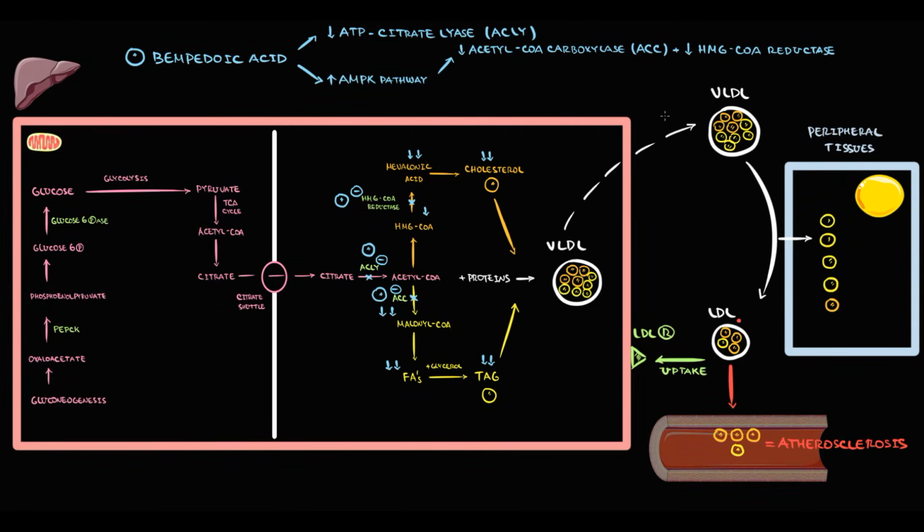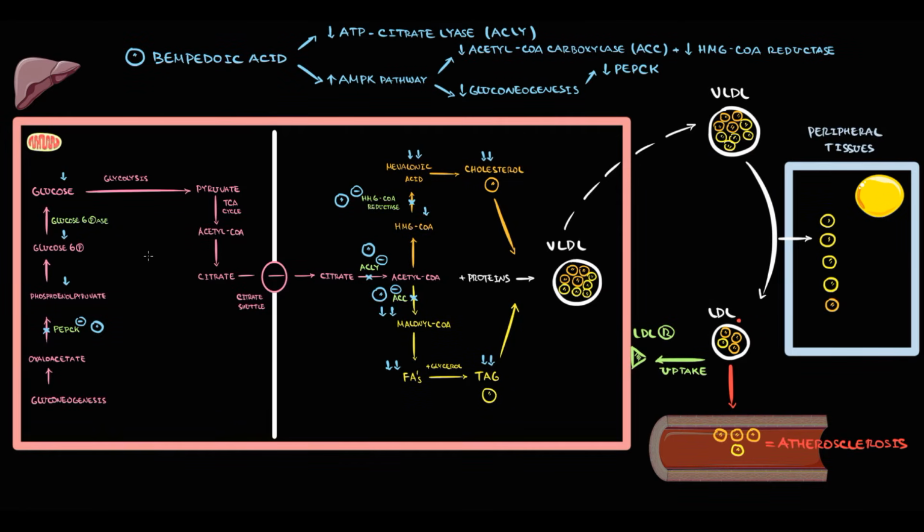But also, AMP-activated protein kinase inhibits the function of enzymes involved in gluconeogenesis. First of all, AMPK inhibits phosphoenolpyruvate carboxykinase. With inhibition of phosphoenolpyruvate carboxykinase, the formation of substrates from which we make glucose decreases, so glucose production will decrease.